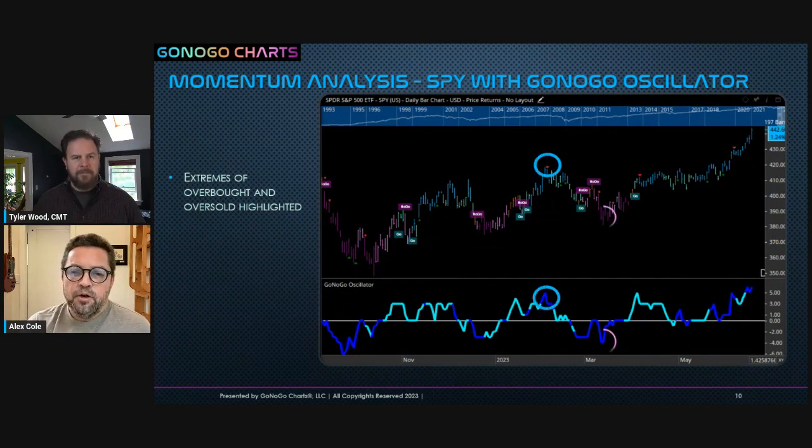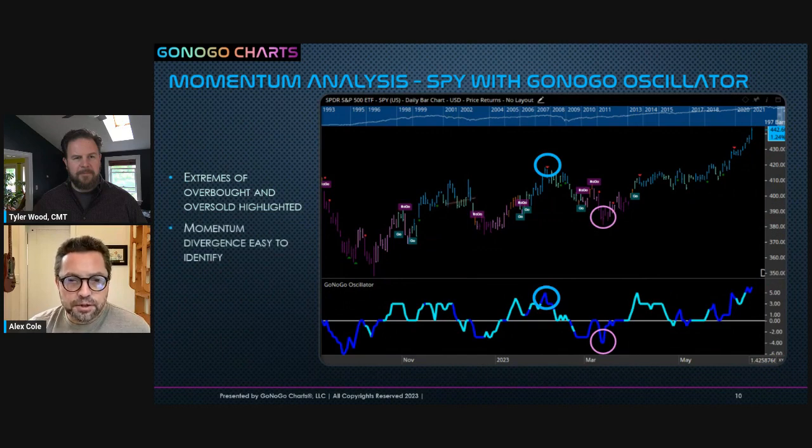You can see that when we reach peaks and troughs in the oscillator, they line up with peaks and troughs in price. Now, our oscillator is bound, and it goes from -6 to +6, so a very simple scale. So we look at areas of 5 and above as overbought and -5 and below as oversold. You can also quickly highlight divergence, just as you would expect and hope with any other indicator.